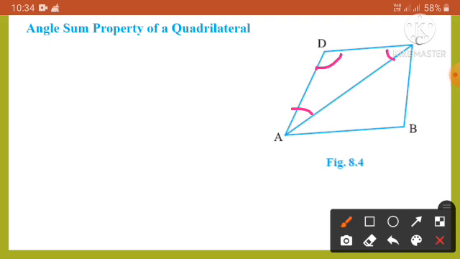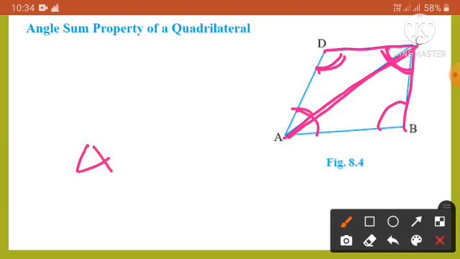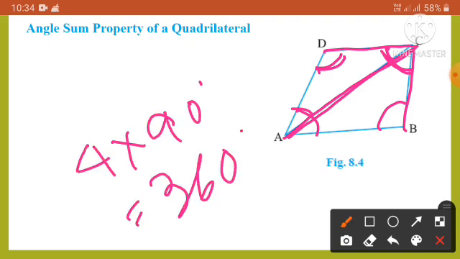Okay, now DCA and BCA in total give us 90. So all the four angles give us 90, so 4 into 90 we are getting 360 degrees.